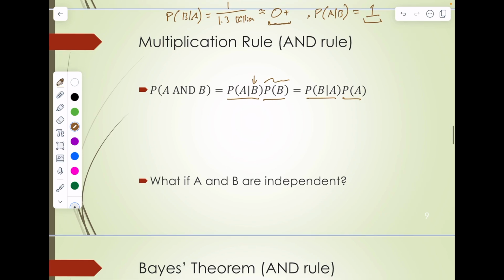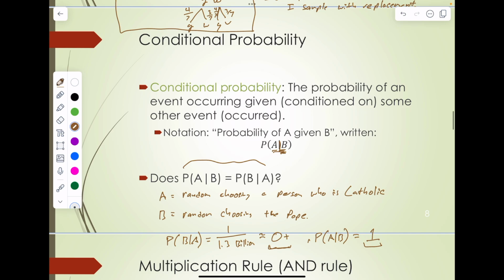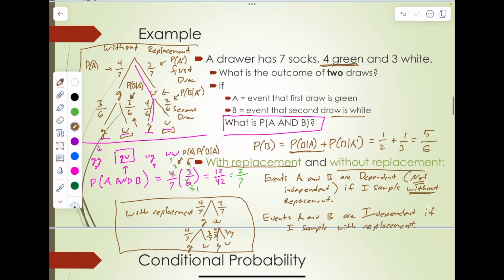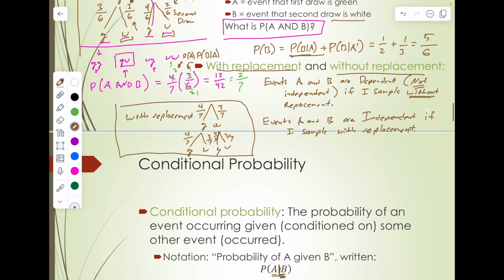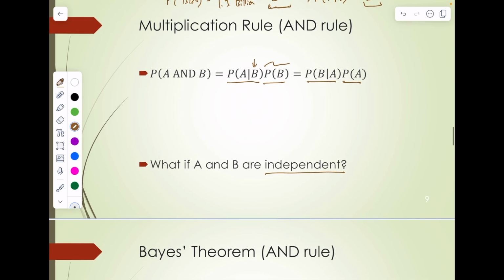All right, now what if A and B are independent? So remember in that example with the tree, if you don't mind me scrolling back up here, remember with this example in the tree, A and B were not independent. They were dependent because it was done without replacing the first sock. So they were dependent. Now what happens if they are independent?